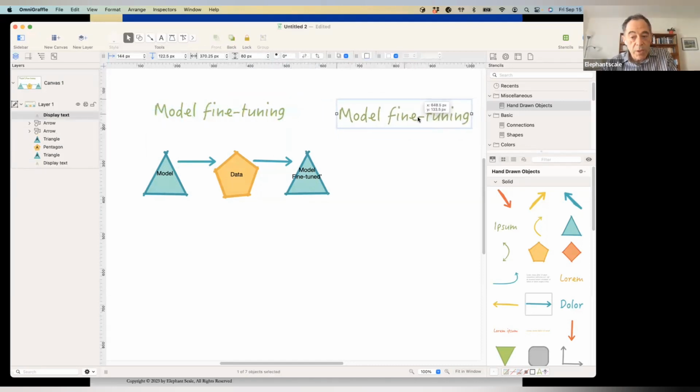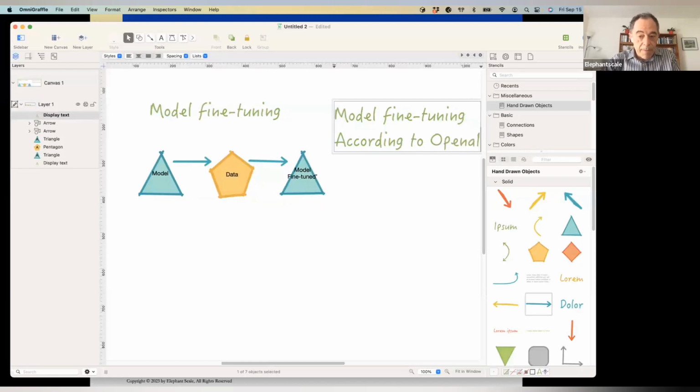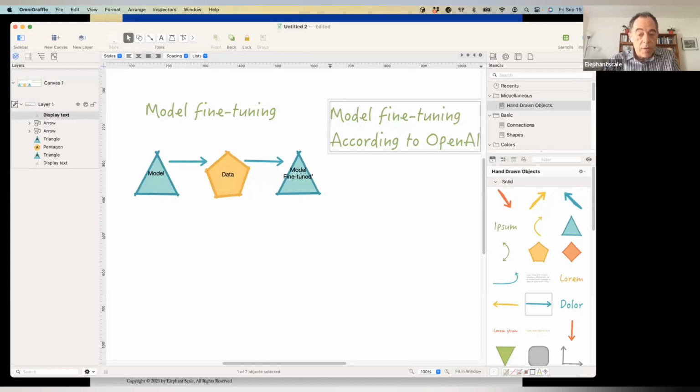So let's put it: fine-tuning according to OpenAI. Well, maybe I should really do it, right?